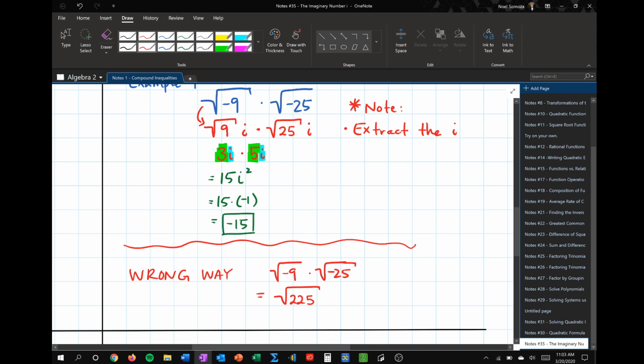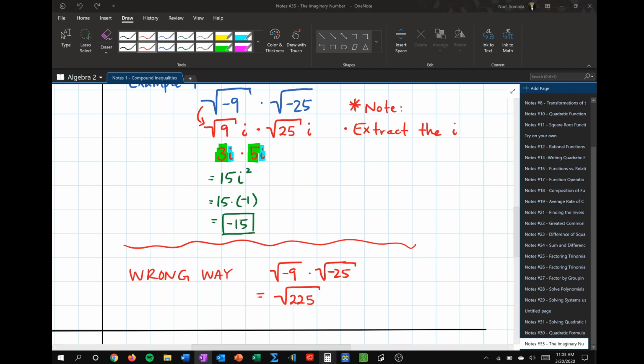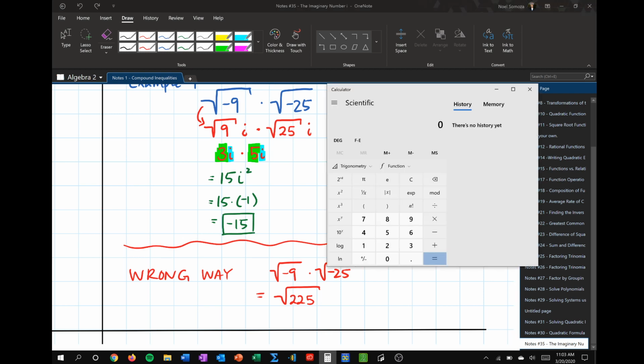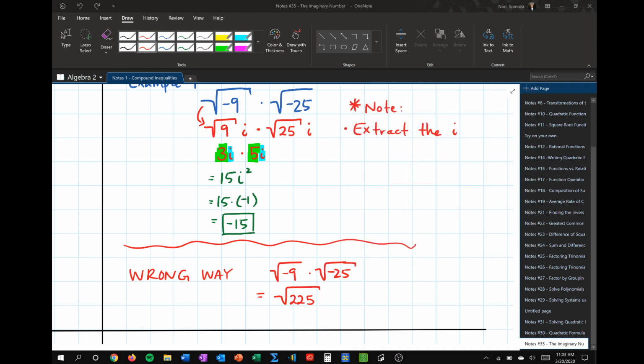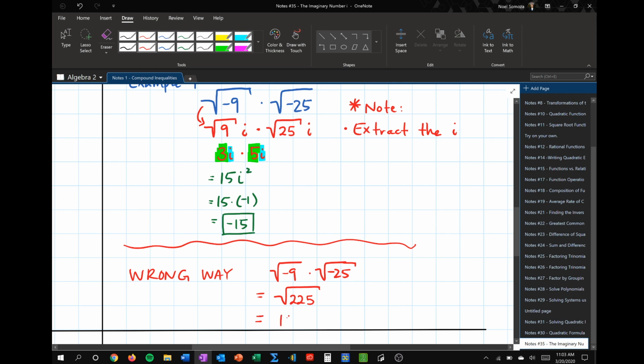You can take the square root of 225, which is going to equal 15. But notice how this number is different from what we got the first time.